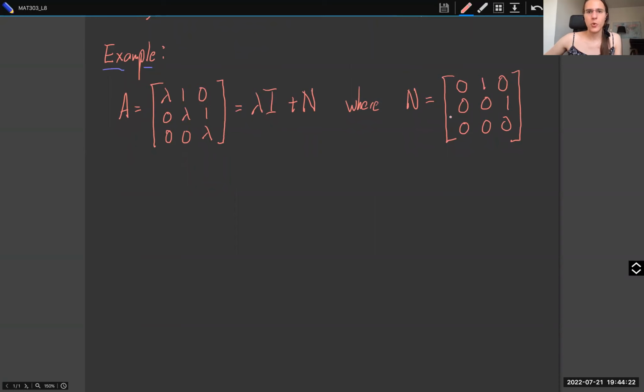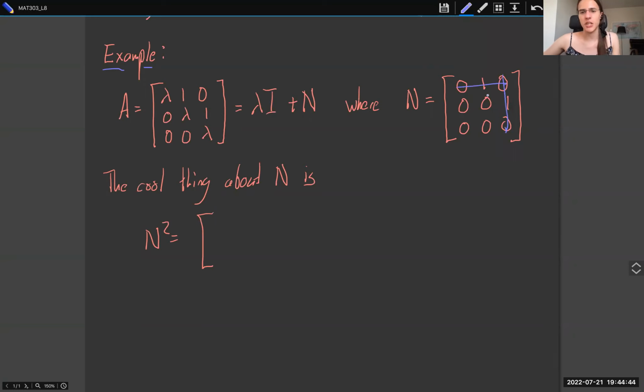Okay, cool. Now, what's the property of N? The cool thing about N is that N squared is equal to, we calculated this last time, the only non-zero entry that you'd get is this times this, which gives you a 1 in the top right entry.